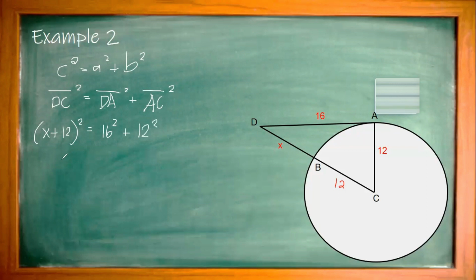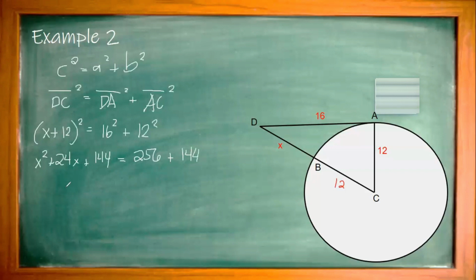Then all we need to do is operate. So from the square binomial, the result of that one is equivalent to x squared plus 24x plus 144. And for the other side, if we have the 16 squared, it results to 256 added to 144.